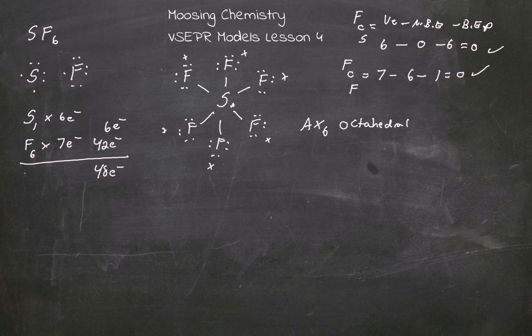And now let's check our hybridizations for this. So if we look at our S, we actually remember that hybridization deals with sigma bonds and unshared electron pairs.